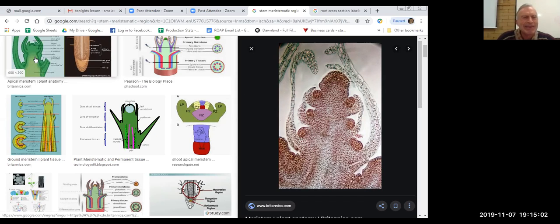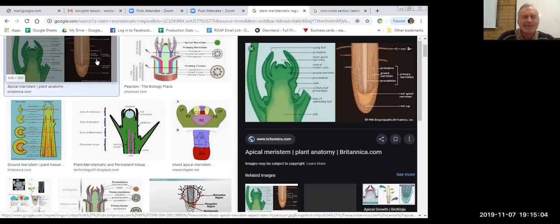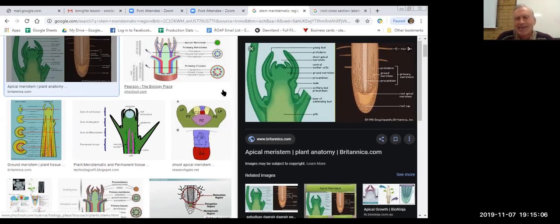So there's another one here. A bud, a meristem.